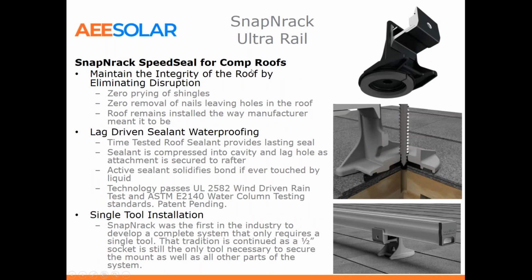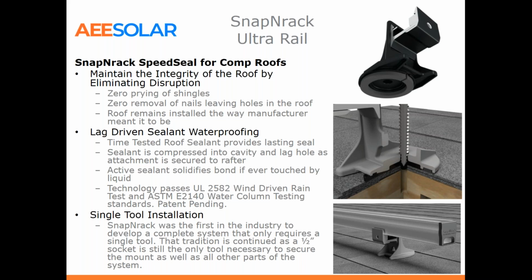What is new for SnapNrack is their speed seal composition foot. So this here is a single device, goes directly to a composition roof. You're putting a sealant in that channel underneath the top picture, and that sealant plus the rubber ring allows for full sealant of the roof on a composition roof.